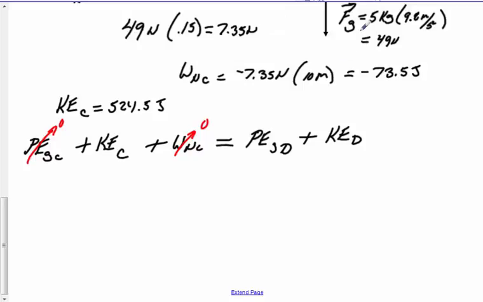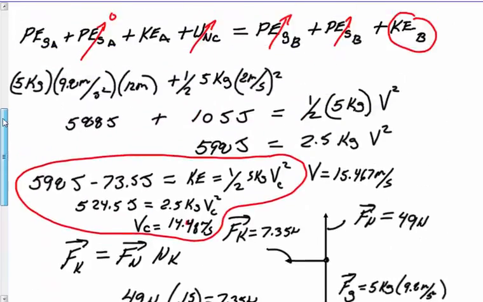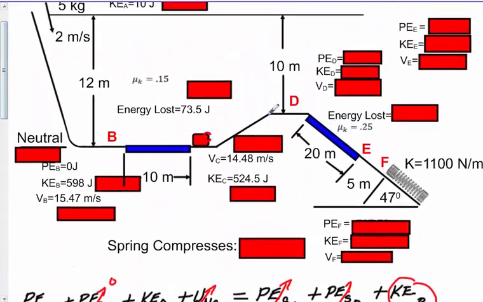So I come back down here. I take 524.5 joules. I will set that equal to gravitational potential. Well, what's the difference in height? It's 12 here and 10 here. So I've gone up 2.